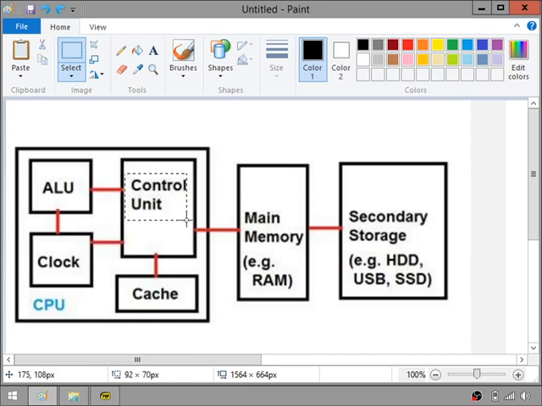And finally, we'll talk about the control unit. Now, here's the issue. For the purposes of GCSE, we've simplified the description of control unit, so do bear with me. I'm going to avoid going into too much detail, and hopefully it will make sense, even though what I'm about to say is incredibly abstracted and watered down. So the control unit takes instructions from the main memory.